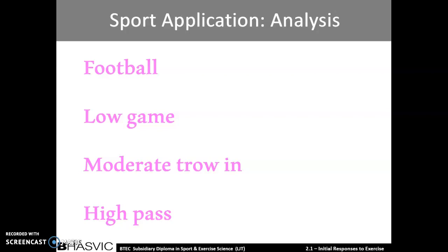This would be low because not much action is happening, and so your body isn't getting ready for anything. However, your heart rate may moderately go up when you're doing a throw-in, as it is slightly strenuous exercise.